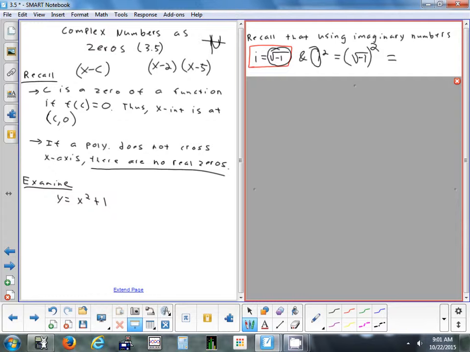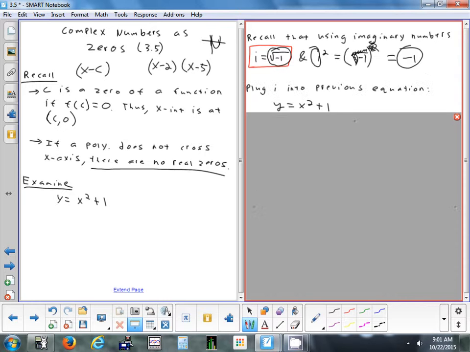Yeah, they cancel out. So if that's gone, and that's gone, what am I left with? -1. That's the key. All right? Anytime we get i squared in a problem, it's equal to -1. Right? So if you see a final answer on a test that has i squared in it, that's not right. i squared can always be simplified to -1.